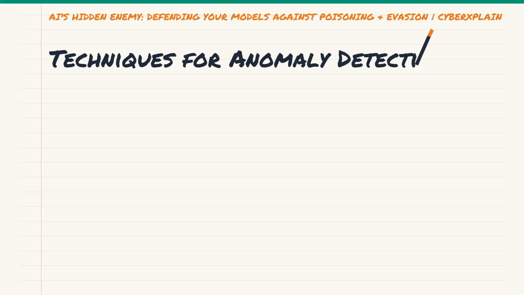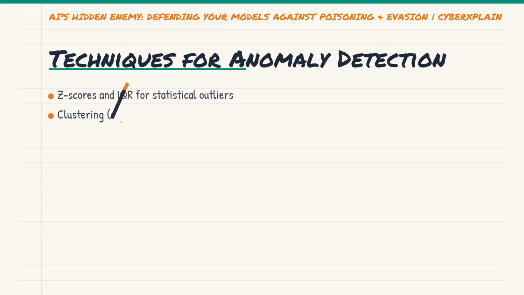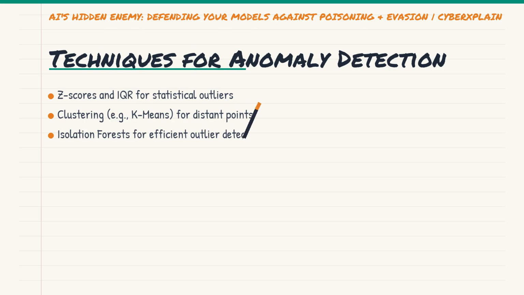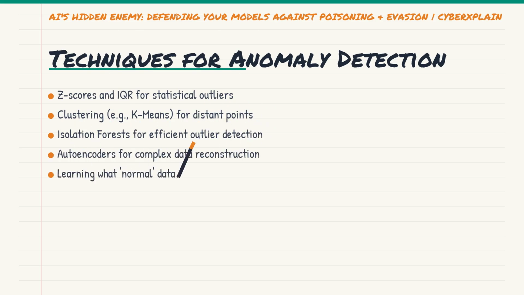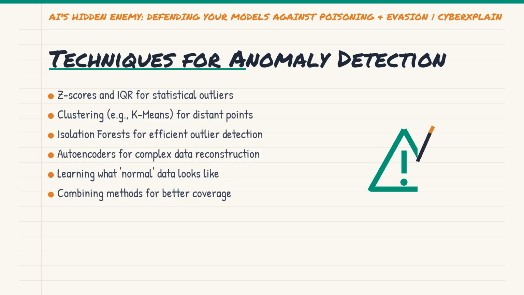There are several cool techniques we can use for anomaly detection. Simple statistical methods like z-scores or IQR, interquartile range, can flag values far from the mean. More advanced methods include clustering algorithms like k-means, where data points far from any cluster centroid are anomalies.